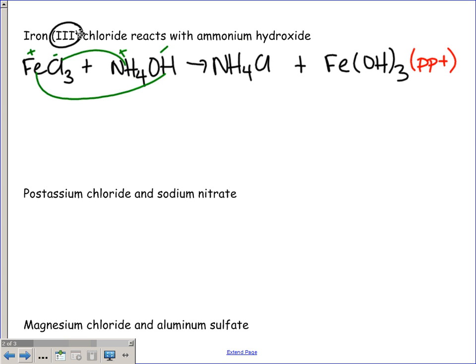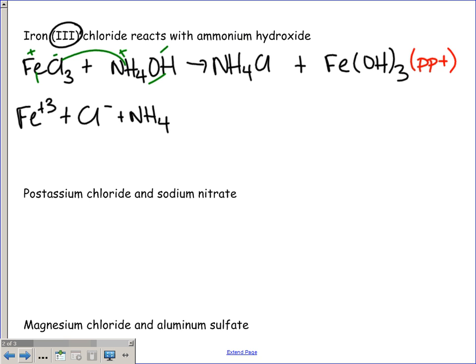That's the first step in a net ionic equation. Next step is to ionize everything except for what's insoluble. So I'm going to go through and write all of these compounds just as ions. So Fe becomes Fe plus 3. Cl would be written as Cl negative. So see what I'm doing?